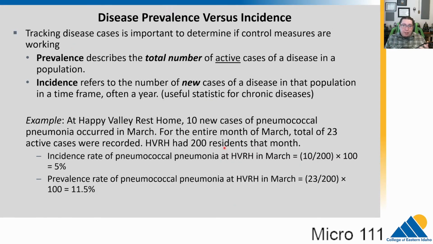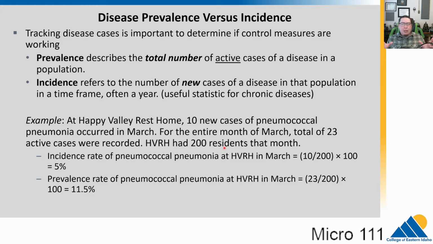When we're tracking diseases, generally we try to do things to mitigate the outbreak or the spread. So we need to track certain statistics, and we've talked about these previously. We have measures of prevalence, which is the total number of active cases in a population. Then we have incidence, which refers to the number of new cases of a disease in that population for a specific time frame.